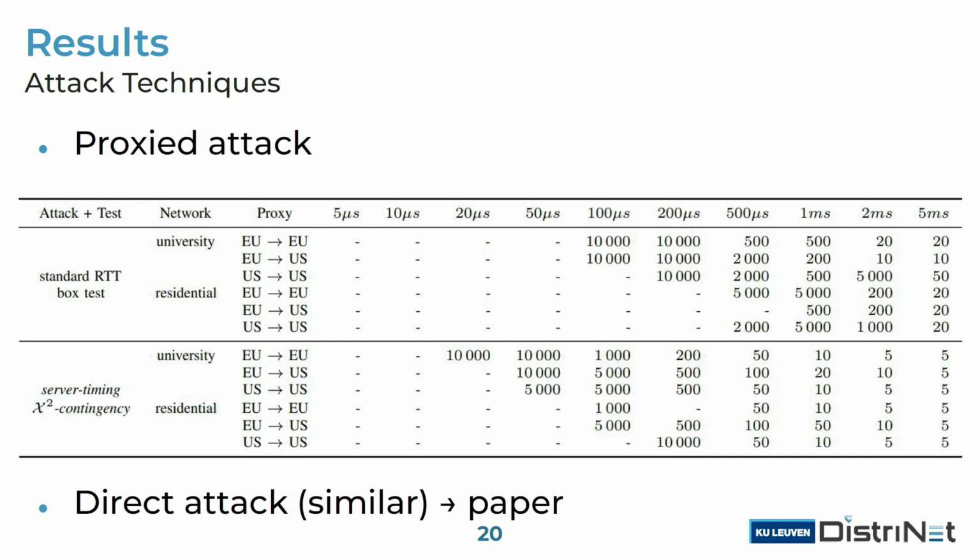Where you have limits of 100 microseconds in the standard attack, you can potentially discover differences of 20 microseconds using the server timing header. And in some cases, you can also see that the university network and the residential network show similar results, where in the standard timing attack, they do not show similar results due to the increased noise in the residential network.